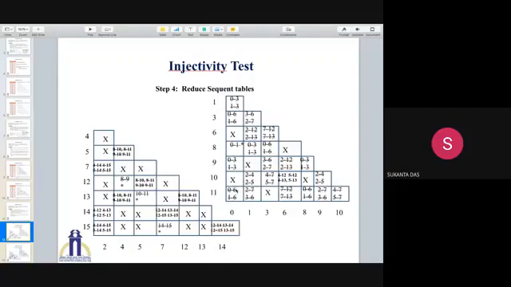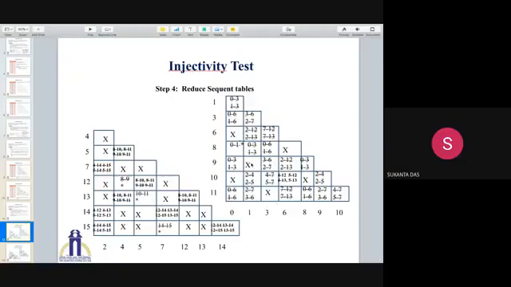Cross it out, right? In this way. So 0, 3. Okay, so 0, 6 is crossed out. Fine.